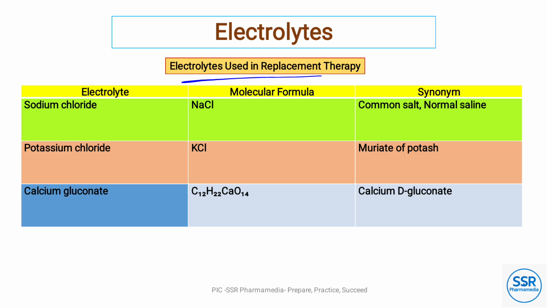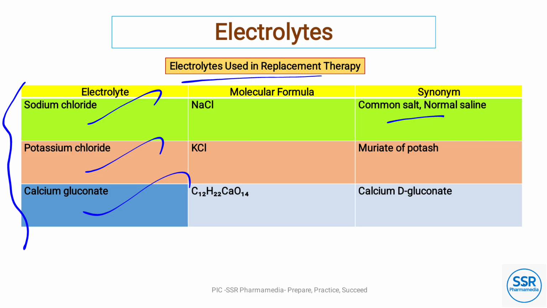Electrolytes used in replacement therapy, next topic. Replacement means whenever our body has a lesser amount of sodium, potassium, calcium, electrolytes are used for replacement. Examples of replacement therapy electrolytes are sodium chloride, potassium chloride, calcium gluconate.